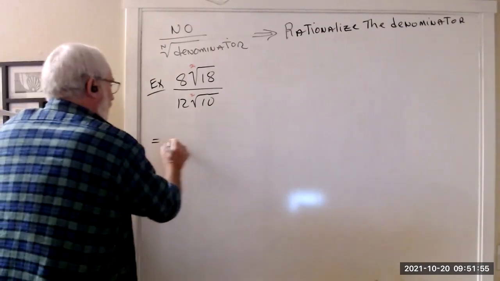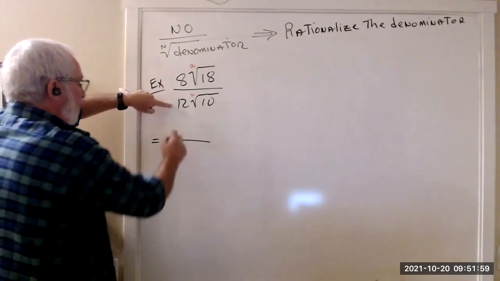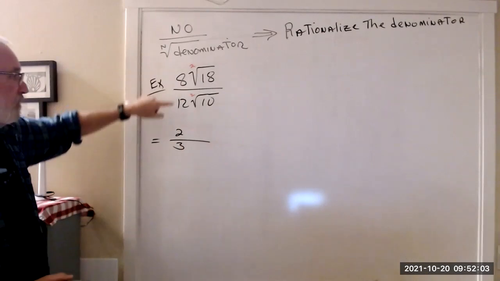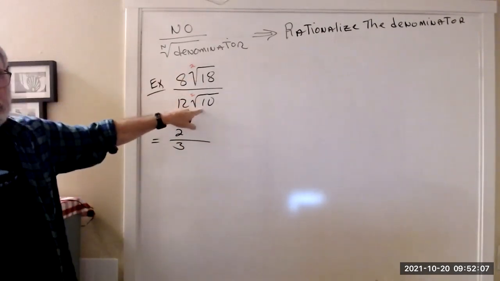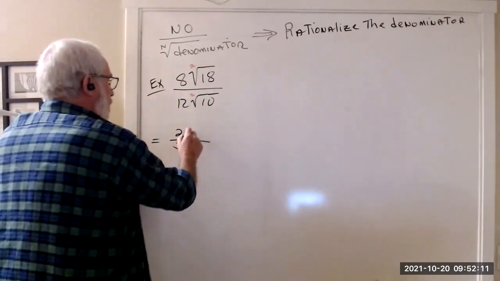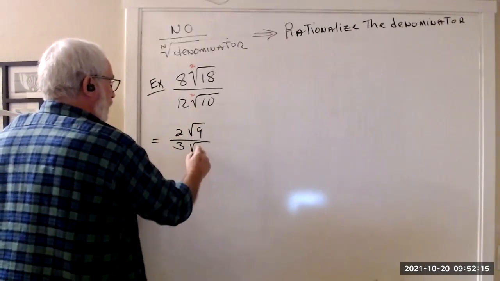So if I were to do this, I would say 8/12 reduces to 2 over 3, because 4 goes into 8, 4 goes into 12. But what about 18/10? Well, you can reduce that also into the square root of 9 over the square root of 5.